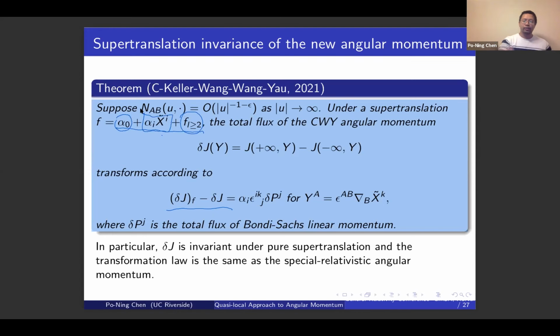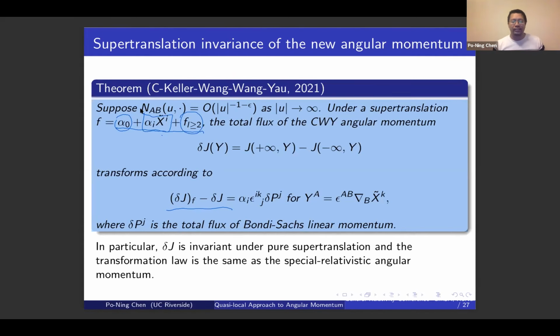The space translation does affect the result, but in a way that is what you expect when you do a spatial translation: your angular momentum would change by the cross product between the vector that you translate and the linear momentum. Now, because we're in a radiating space-time, the before and after linear momentum would change by some delta p.